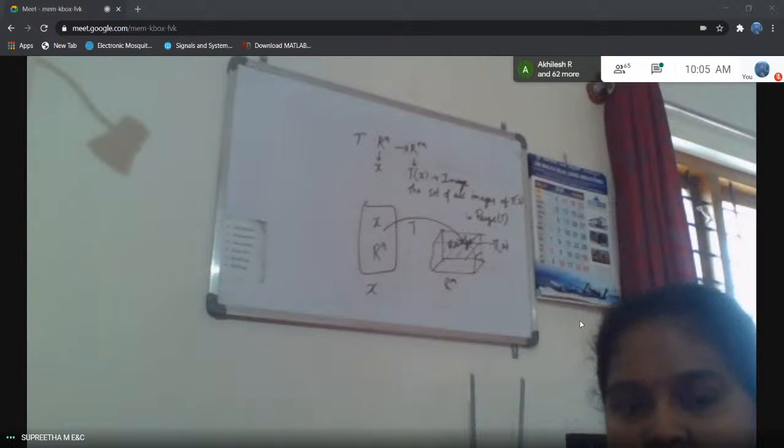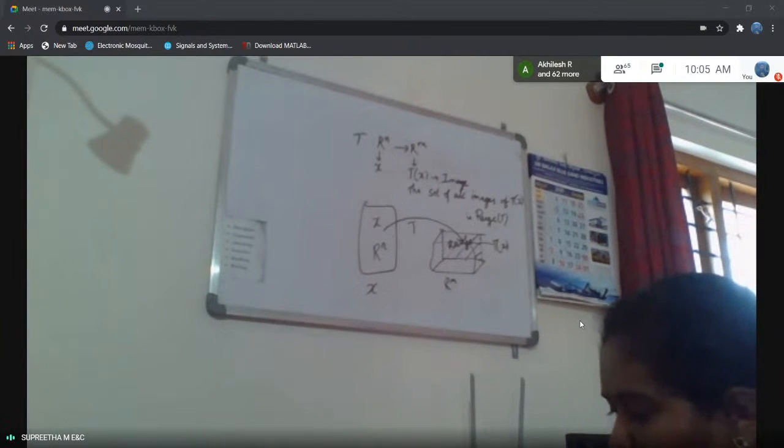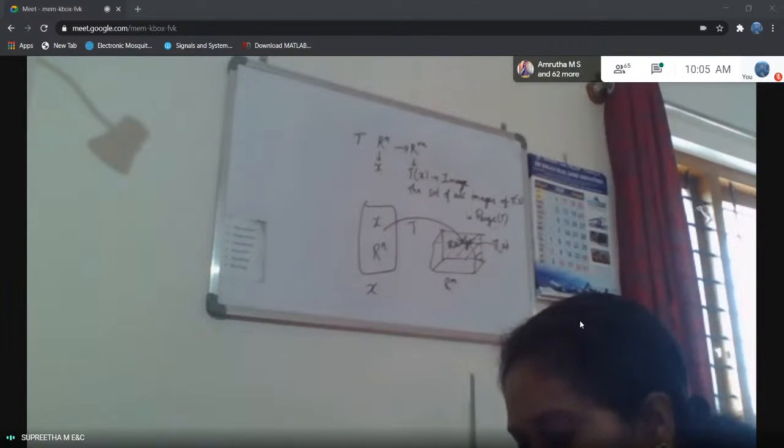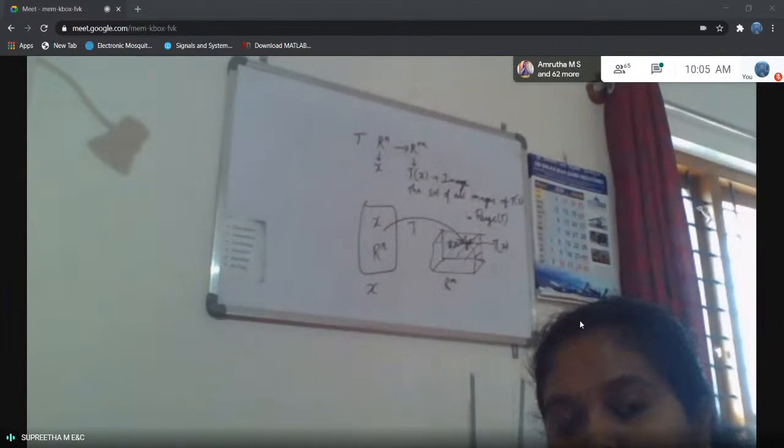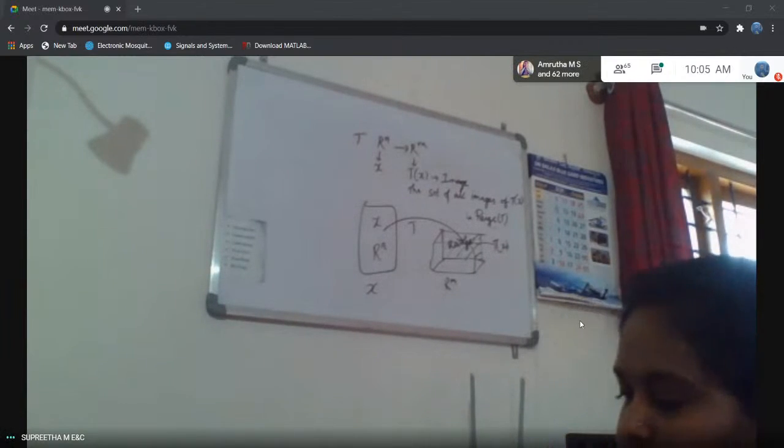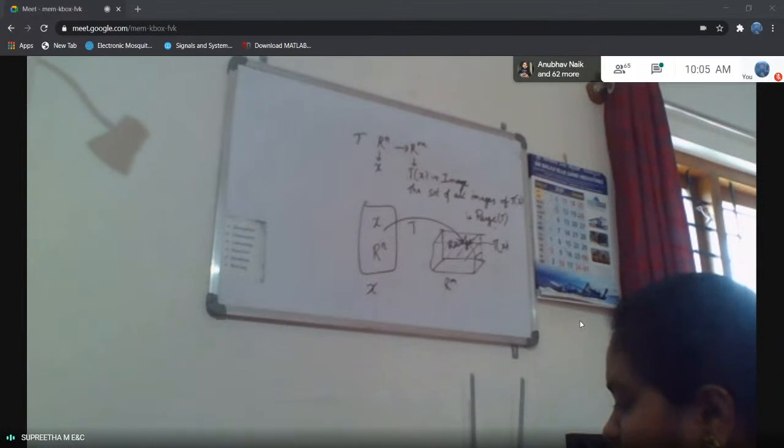Now, we have written the properties of the linear transform. So can we prove the properties of a linear transform?